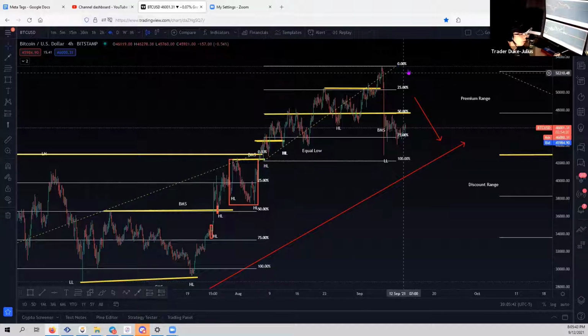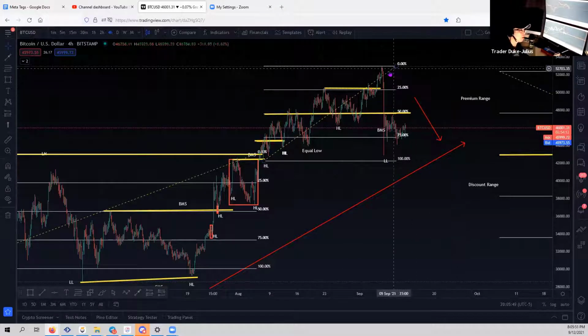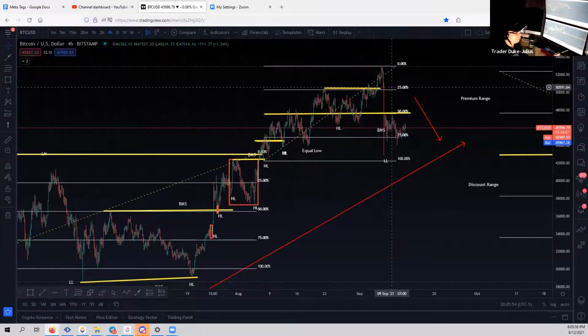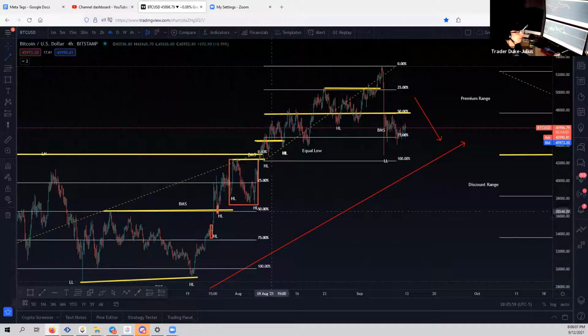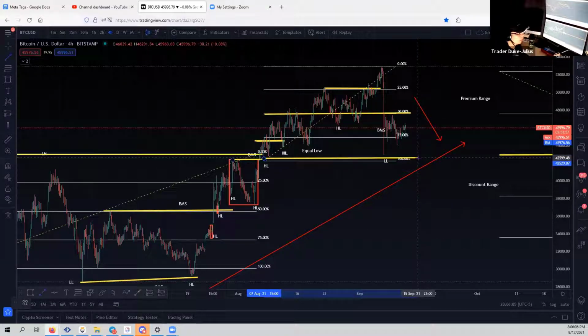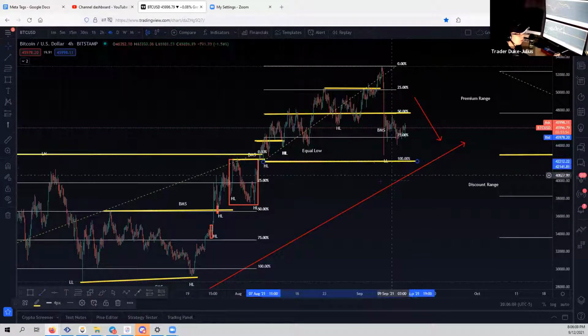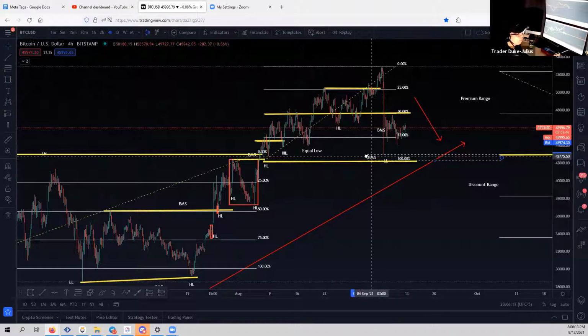Then the question would be, if we are going up, what point would we have to break in order for us to have a change in direction? Because if you remember on market structure and price action, we have a break in market structure, which would be this here. This break in market structure, this 100 line, would be a BMS to the downside, which would give us a confirmation of change in trend.